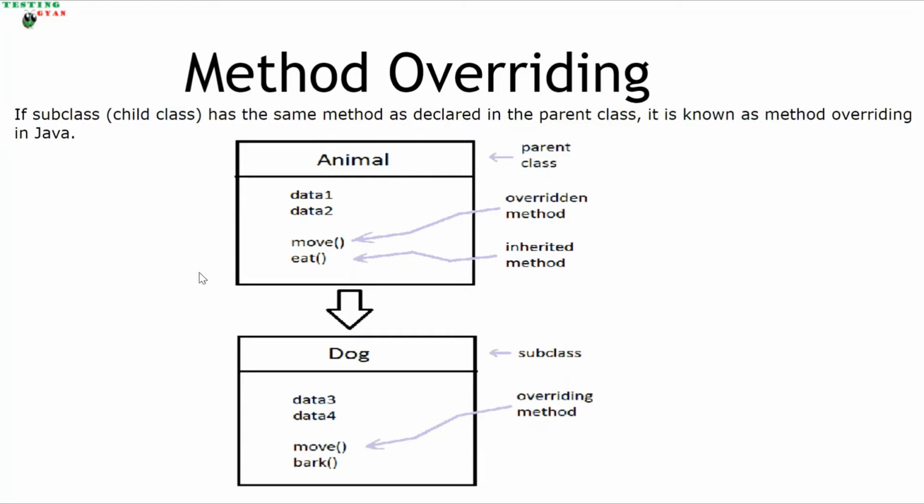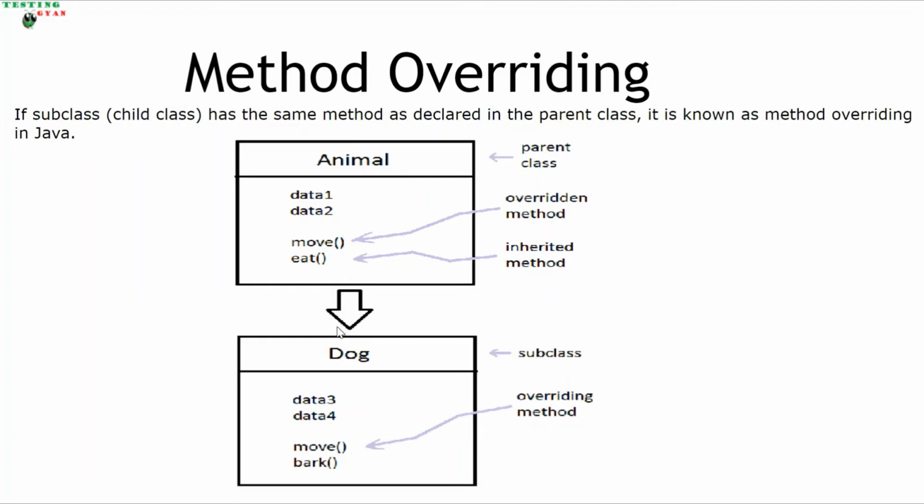Here the Animal class is our parent class, whereas the Dog class is our subclass or child class. The Animal class has a method named move, and the Dog class also has a method named move. So we have overridden the method of the parent class in the child class. This is known as method overriding.